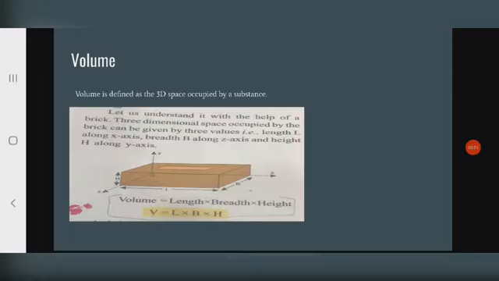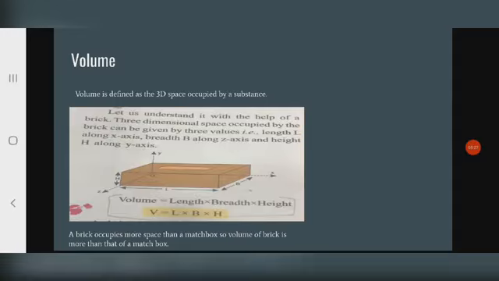You can see here we have the three axes, x-axis, y-axis and z-axis, and we have the length, breadth and height along the three axes. So these three axes will help us in getting the values of the length, breadth and height and help us in finding the volume. The formula to calculate the volume will be length into breadth into height, right?